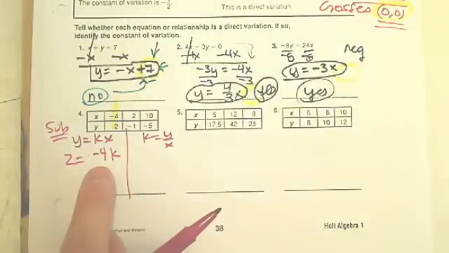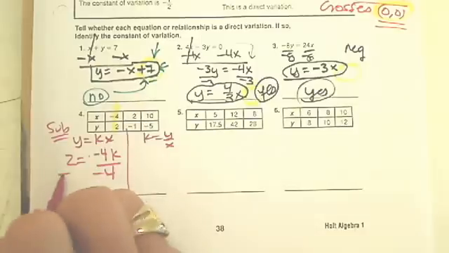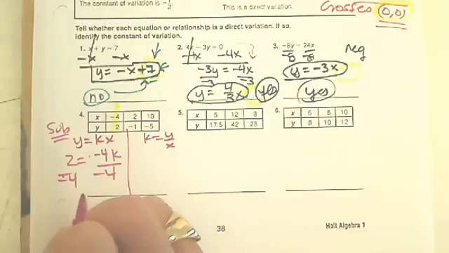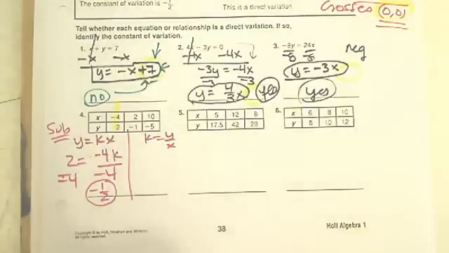Solve for k. Divide by negative 4. And then you have negative 1/2. We have to see if the other point is also negative 1/2. If it is, it makes a line. If it's not, then it's not a line.